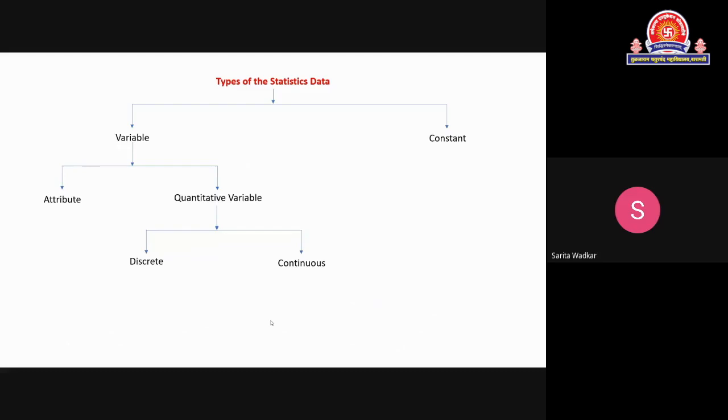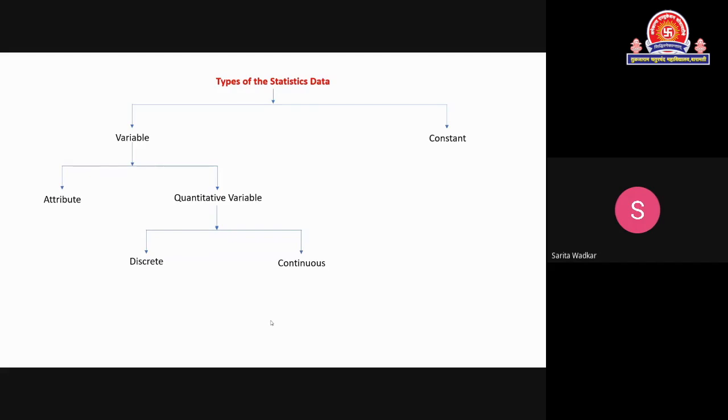Next, temperatures. Whenever we are measuring temperatures, it is also in a range, so it is again a continuous variable. Period of time, whether it is 1 year, which has 12 months, or 1 month, which is 29, 30, or 31 days. Again, we have a range, from 1 to 31 days.